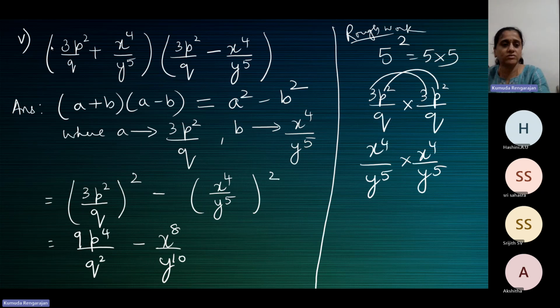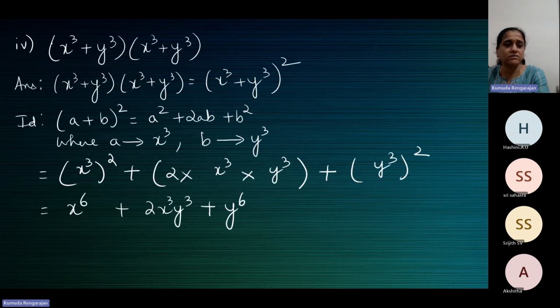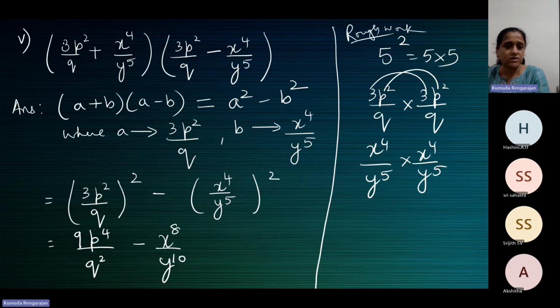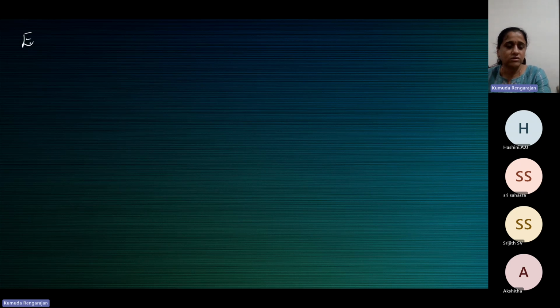Next heading. This was one where we had 5 subdivisions. This is question number 2.